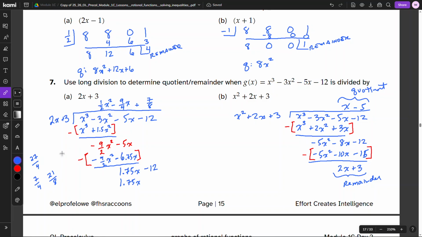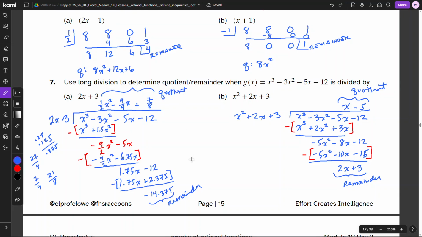So 0.25 and 0.125, so that's going to be 0.375. All right, so this is going to be plus 2.375. All right, now subtract there. Super annoying, not lying. This would then be negative 14.375. That's the remainder. And this up here is the quotient.